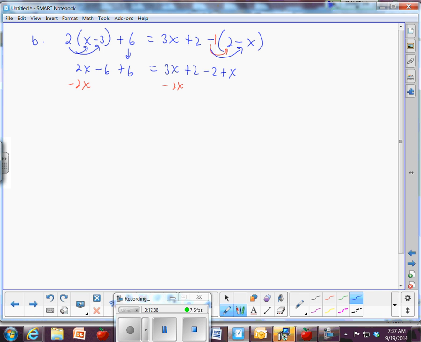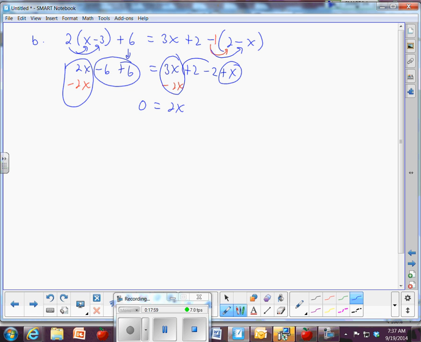Okay. What do we end up with on the left? Well, that's 0, but that's also 0. So we've got 0 on the left. That's fine. Not a problem. What do we end up with on the right? Okay, so 3x minus 2x is 1x. 1x and 1x is 2x.